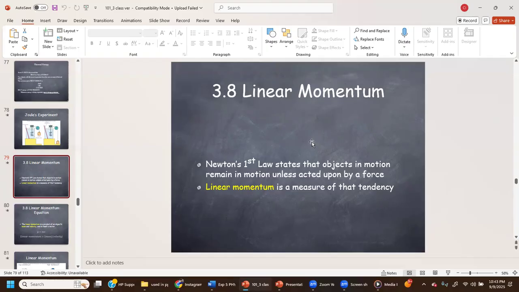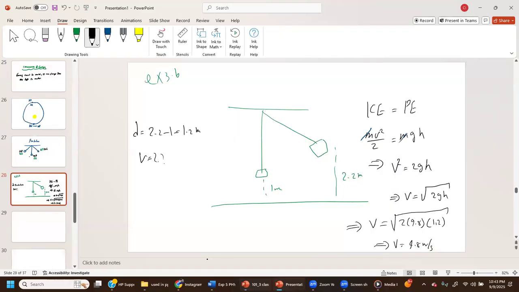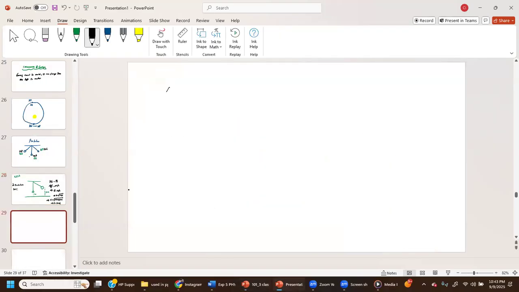Now that's why I'm going to introduce something called linear momentum. So actually, let me just go and write down the word momentum. And we're going to give the momentum our Greek letter rho.